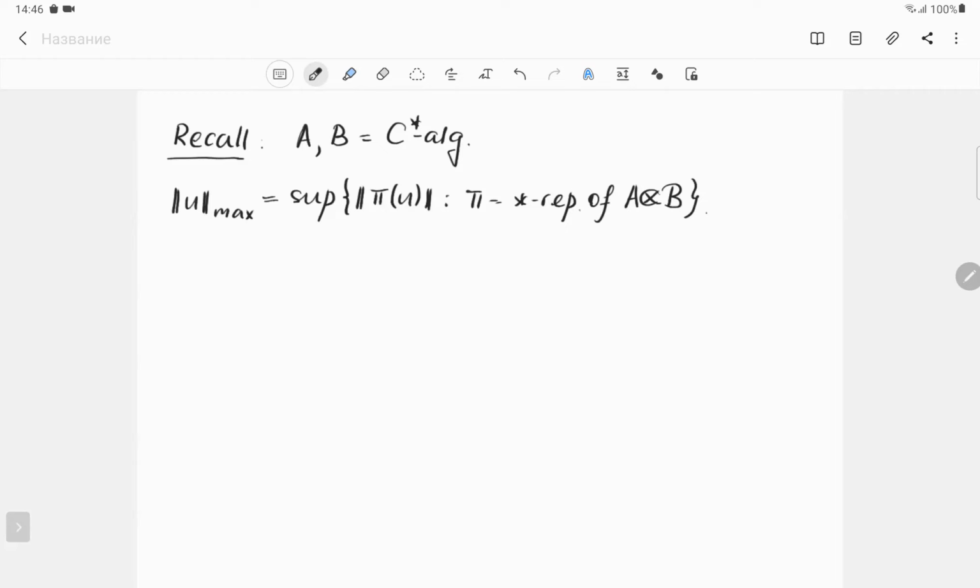So what is not clear from this definition is that this number is finite. In fact, it is finite, and this was proved at the end of the previous lecture. More exactly, we proved the following theorem.